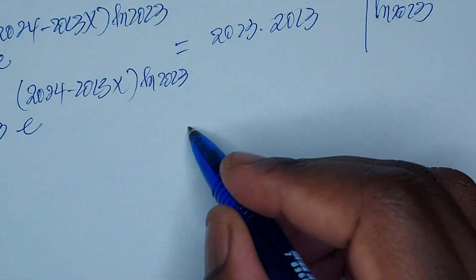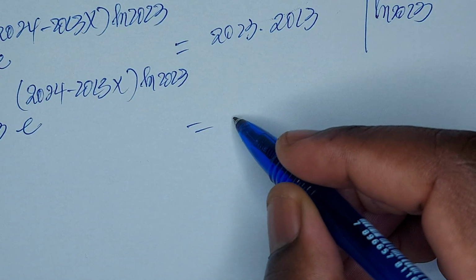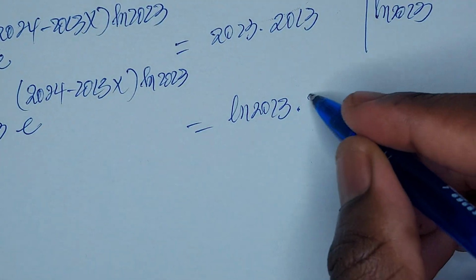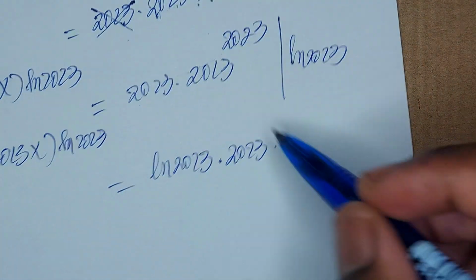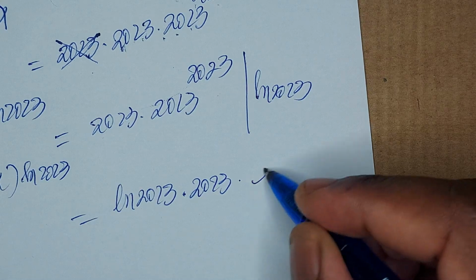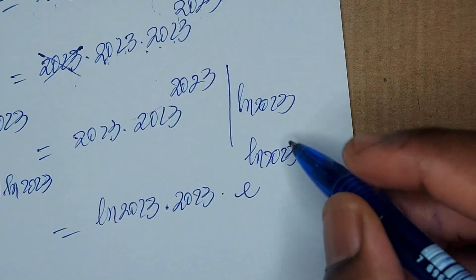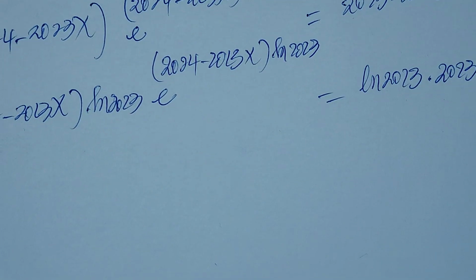Now this is going to be equal to ln of 2023 times 2023 times this one here. Now I'm going to say that this is e to the power of ln of 2023 to the power of 2023. It's lots of 2023, right?